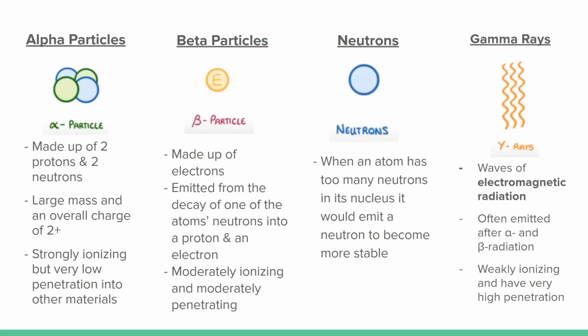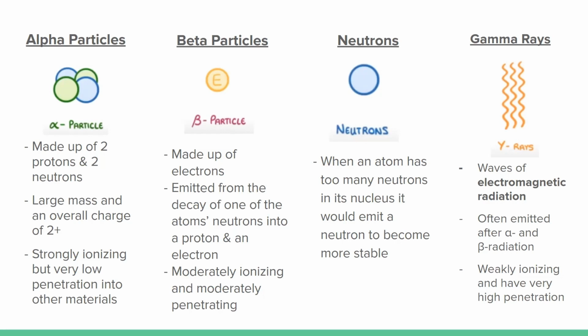While beta particles, on the other hand, are composed of only electrons. However, unlike the electrons that you're more familiar with from physics and chemistry classes, they're not expelled from the atom's electron shells, but are formed when a neutron inside the atom's nucleus decays into a proton and an electron, where the proton just stays in the nucleus while the electron is emitted away from it at very high speeds.